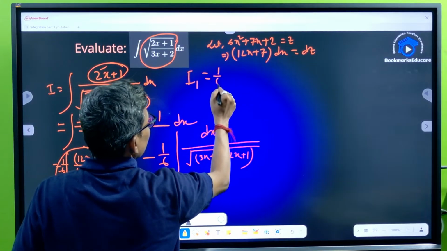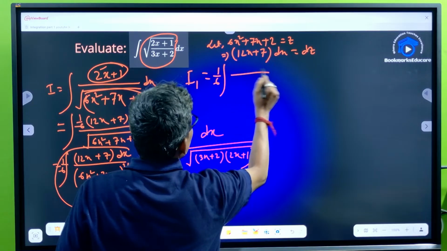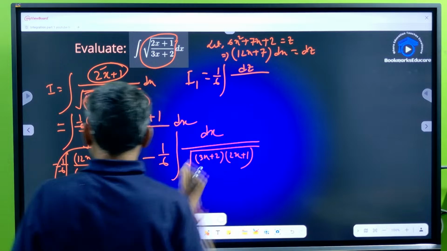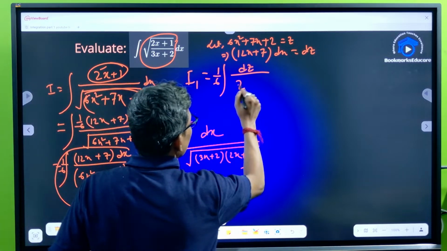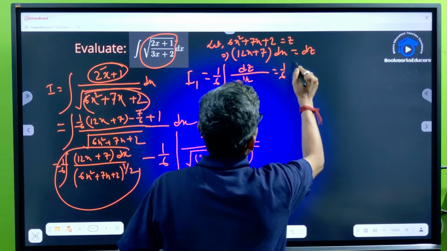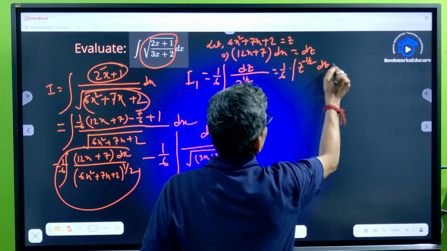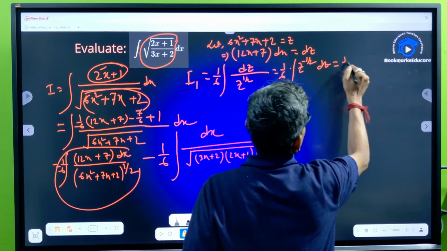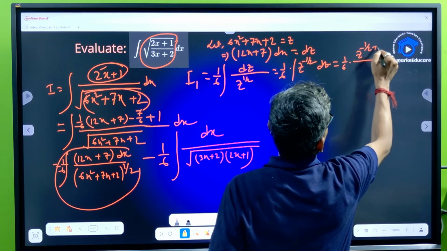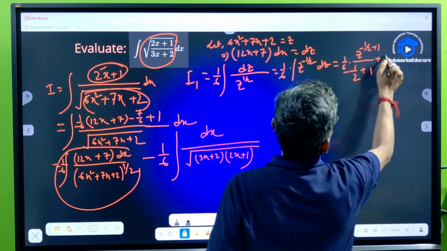So 1 by 6 dz and z to the power half. So 1 by 6 z to the power minus half dz, 1 by 6 z to the power minus half plus 1 by minus half plus 1, plus c.